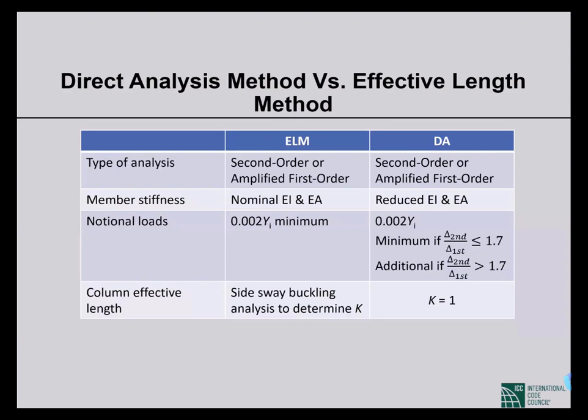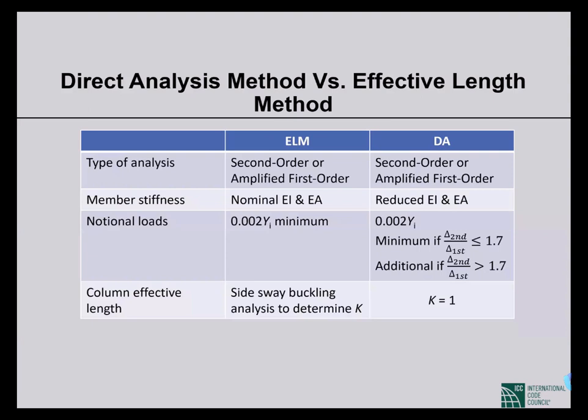But in the effective length method, this is prescribed as the minimum lateral load. So if the lateral load is more than this value at any story level, then we don't need to add any extra load for geometric imperfection. But in direct analysis method, this is different. The value is same, 0.002 Yi. Yi is the gravity load at some story level, ith level.